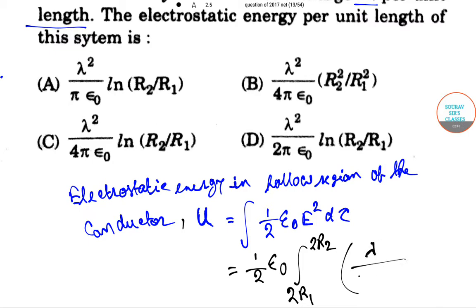So we write E as lambda divided by 2 pi epsilon 0 r.